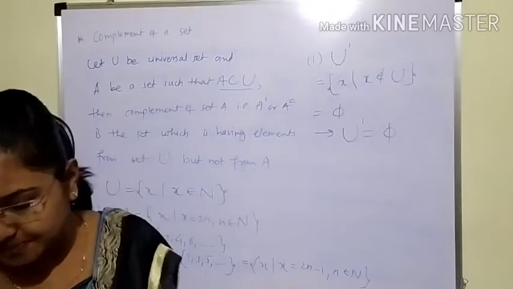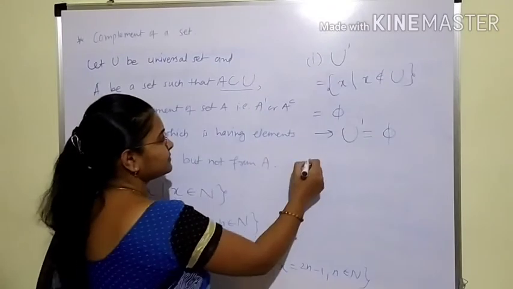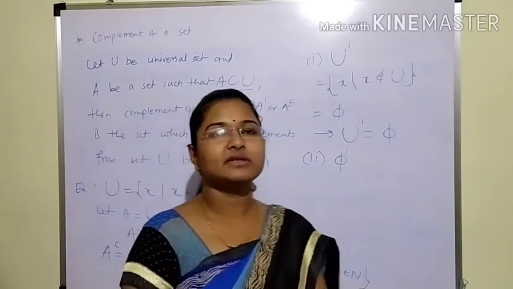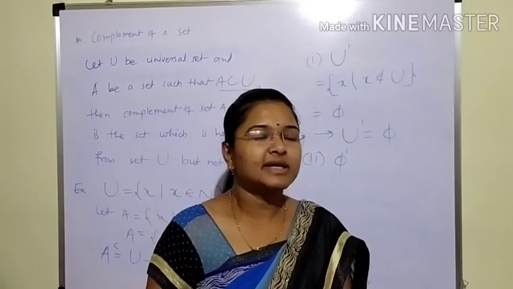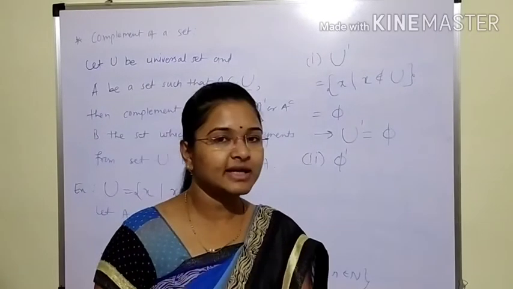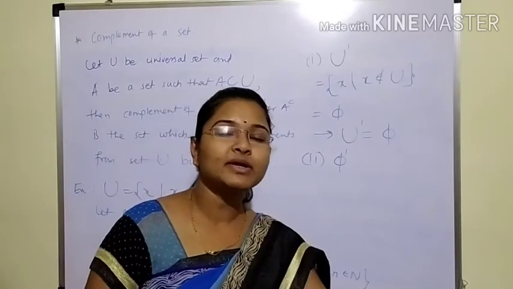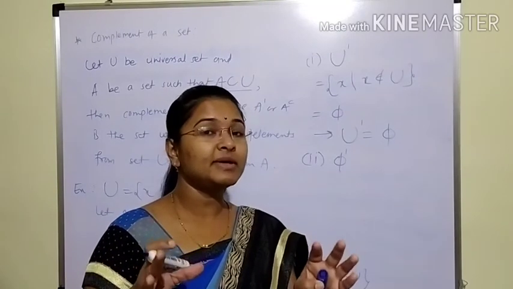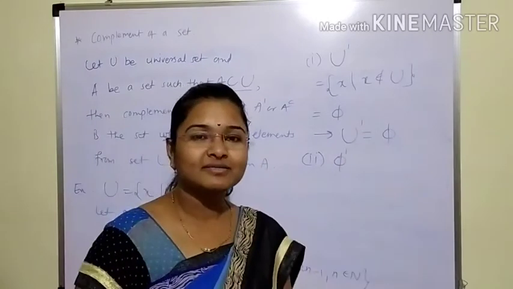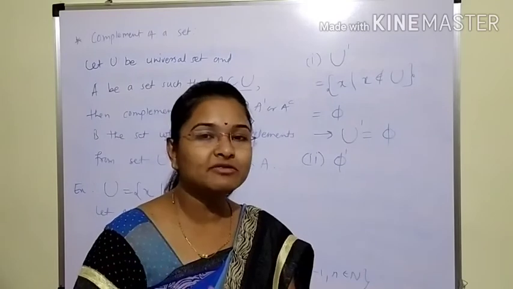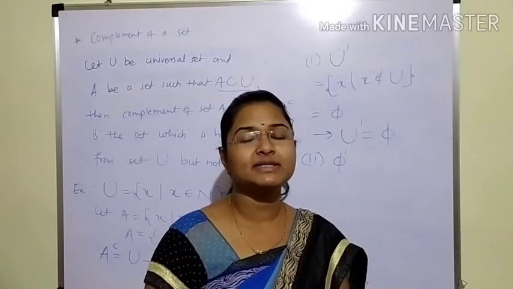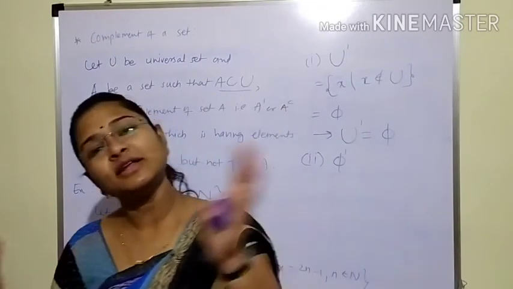Okay, next, the complement of the empty set. Students, we have seen that the empty set is a subset of all sets, and in the empty set no element is there, that we know. So if we take the complement of the empty set, meaning the complement of a set which has no elements, all elements will be in that set. Those elements are contained in the universal set.